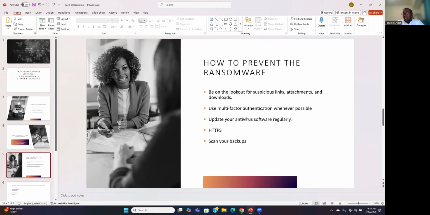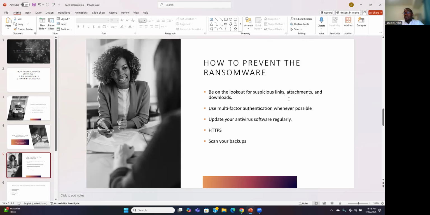The other thing is to make sure the site you are visiting is secure and has the certificate called HTTPS, which stands for Hypertext Transfer Protocol Secure. If the site does not have HTTPS, that means it is not a secure site. So you have to be aware of that and avoid visiting those sites.